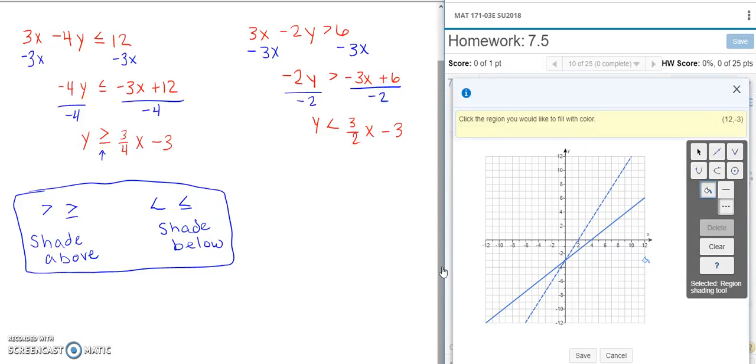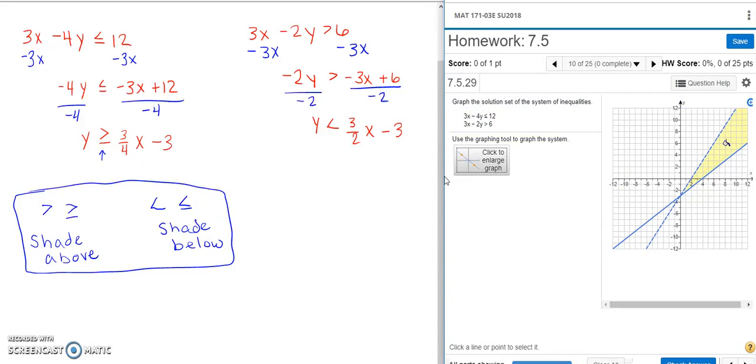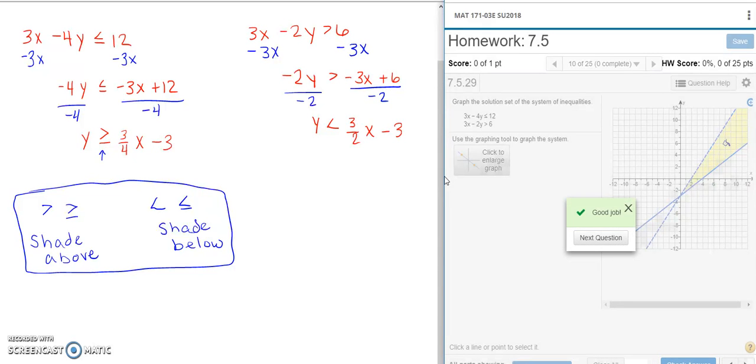So the area that's shaded for both regions is this bit in here. The only part you want to highlight is the part that is shaded for both inequalities. And you hit save and check answer, and good job. So you only highlight the part that's shaded for both.